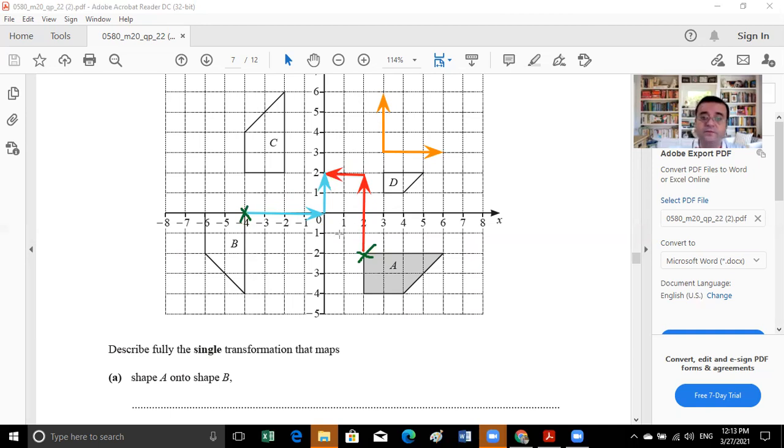Anti-clockwise. Rotate it 90 clockwise. How do we know the position of the arrow? Just because of clockwise and anti-clockwise?